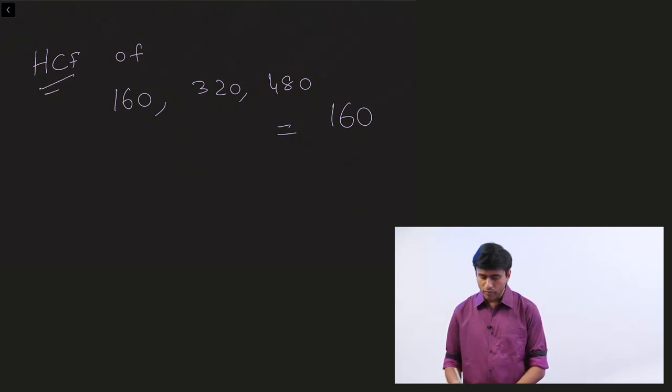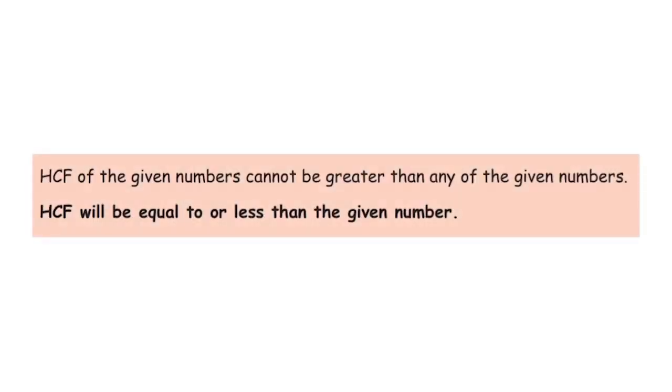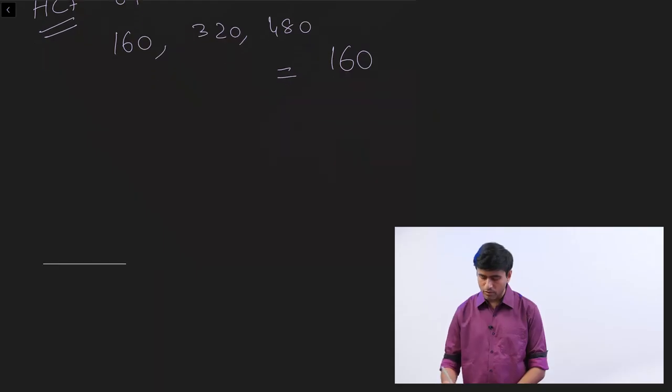Let me tell you a couple of properties of HCF. Number 1, the HCF of the given numbers cannot be greater than any of the given numbers. In other words, HCF will be equal to or less than the given numbers. For example, let's look at 160, 320, 480.